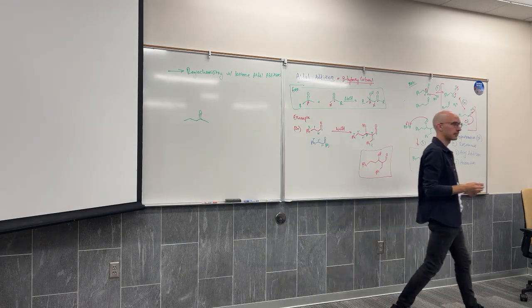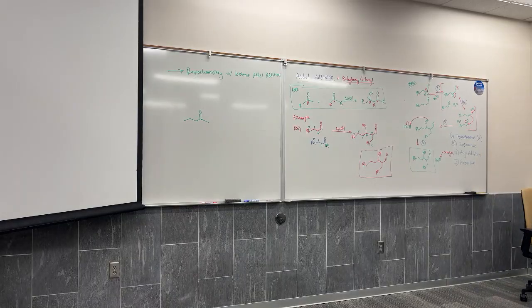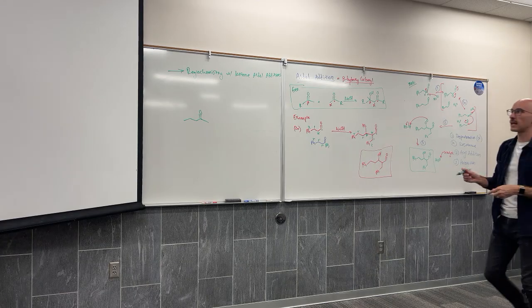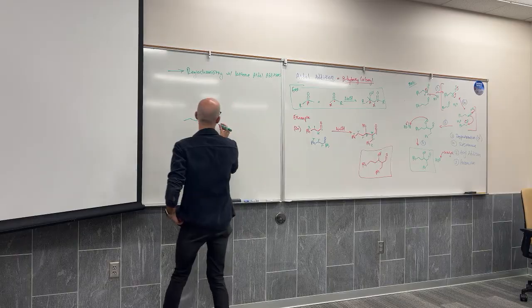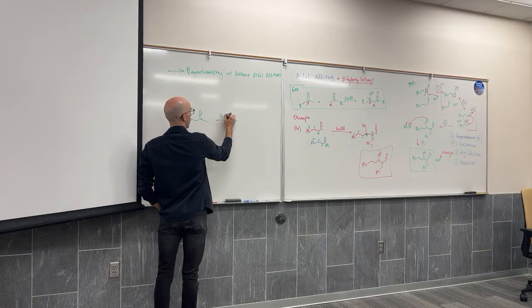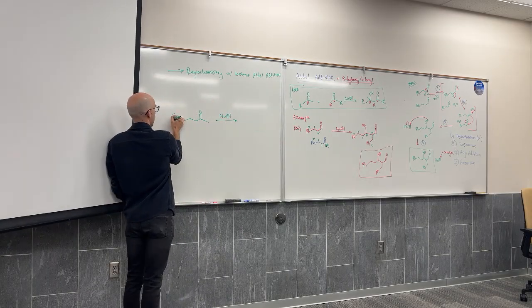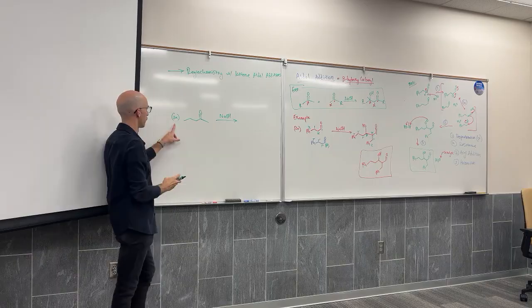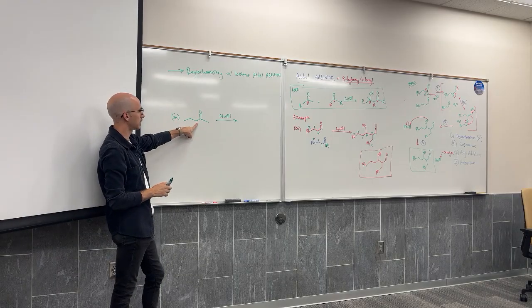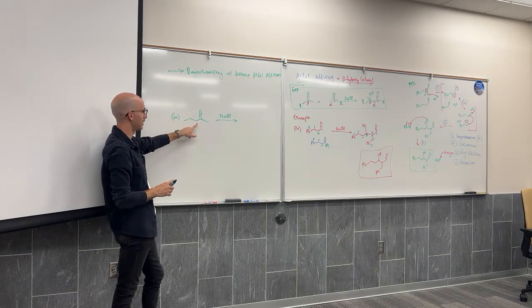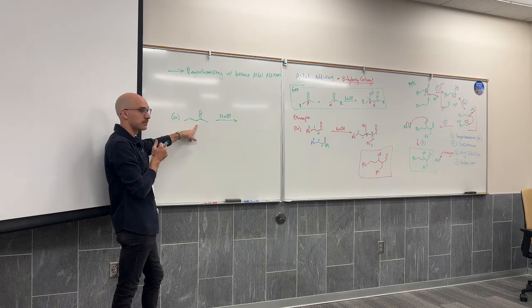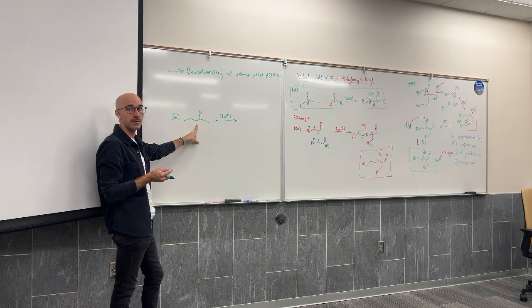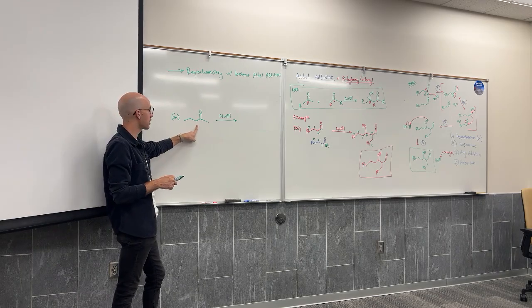Here's 2-pentanone. When we take this 2-pentanone through a reaction with sodium hydroxide, and again, that means there's really 2 equivalents of this molecule that will react together, sodium hydroxide forms an enolate at the more substituted carbon.